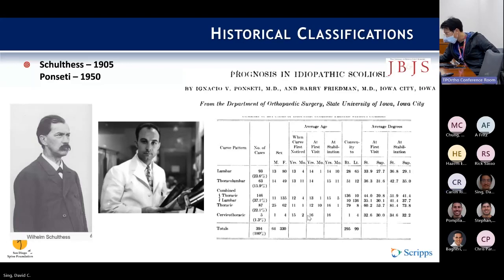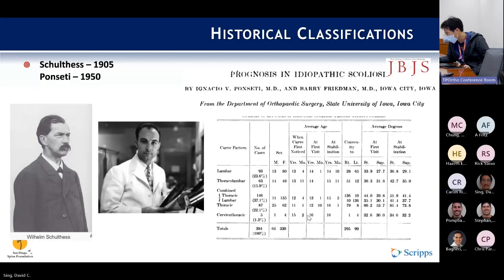In 1950, Dr. Ponseti, who is out of Iowa, he was a pediatrician, I think, published a similar report on the percentage statistics of each curve type. So purely descriptive, telling what the average curve was when they presented.